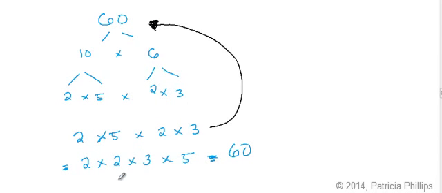So one thing that you should get in the habit of doing, and it'll become clear later when we start turning these into exponents, is writing them in ascending order. Ascending or descending, doesn't matter. But for example, here's a 2 right here, and the other 2 is way over here.